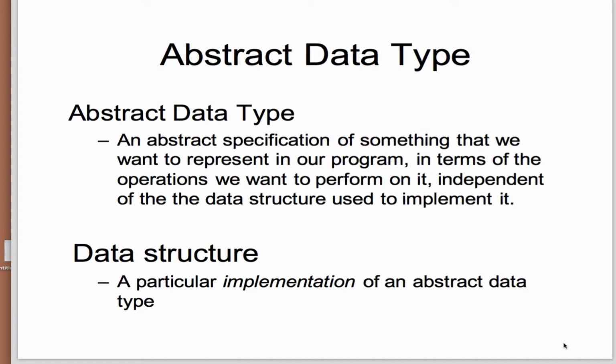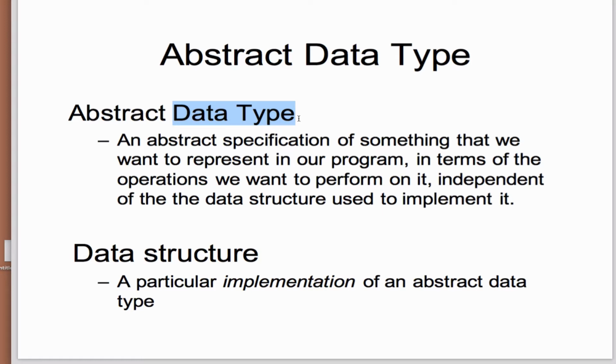Now, it's useful to understand data structures in a slightly different context, and that's the context that we're going to look at today, something called an abstract data type. So you can think of an abstract data type as being like a data type, but where we don't talk about how we represent the data concretely, but the kind of things that we want to do with the data.